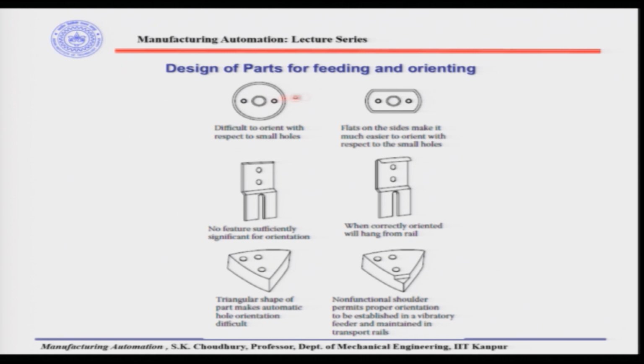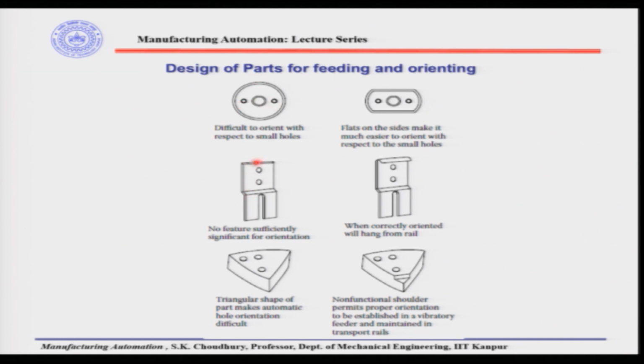So, in case we change the design in this way, making a flat here and a flat here, this flat can be taken as a base for orienting this part with respect to these 2 holes. Otherwise, this disc may be gripped in this way or this way or this way, so there is no way of orienting the part with respect to these 2 holes, as you understand.